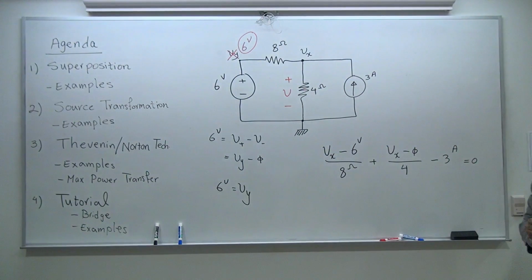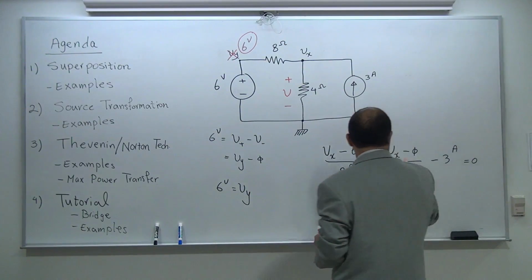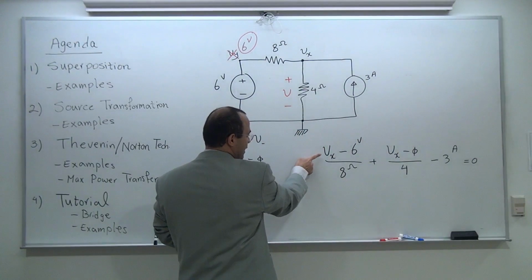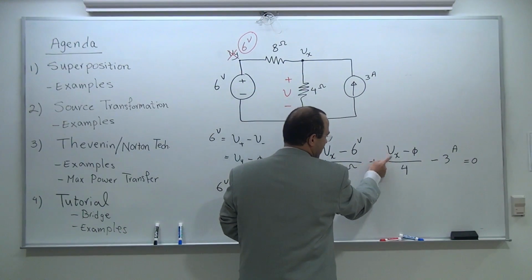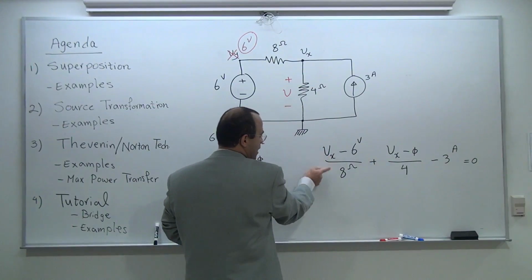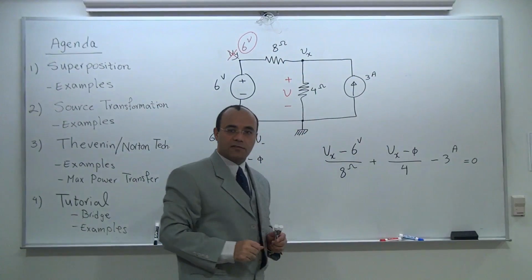The reason I tried to write this equation is I wanted to alert you to the property of this equation. If you take a look at this, you can see that the coefficient of Vx is always a constant, a scalar value. Vx has 1 over 4, Vx has 1 over 8, and obviously all the constants are going to go on the other side.